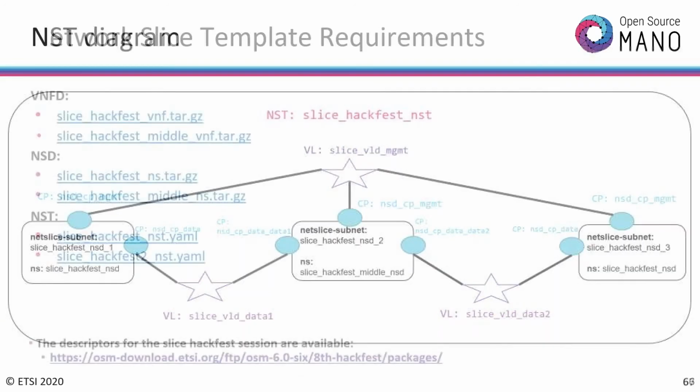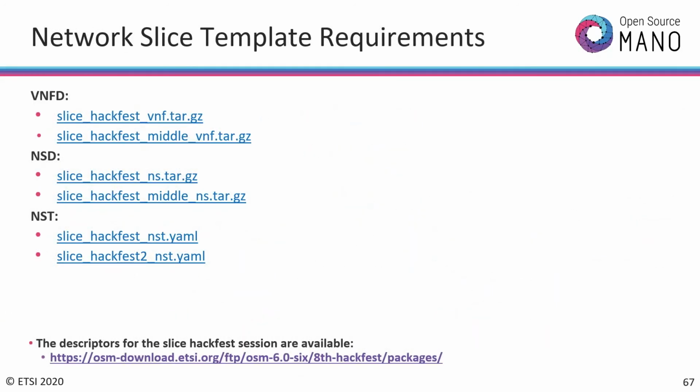Okay, let me go to the requirements. So if you have the presentation, you can go to this FTP server and download the complete list for the session of today.